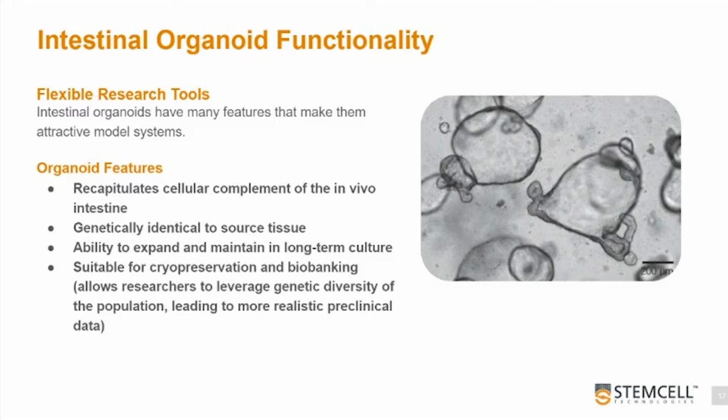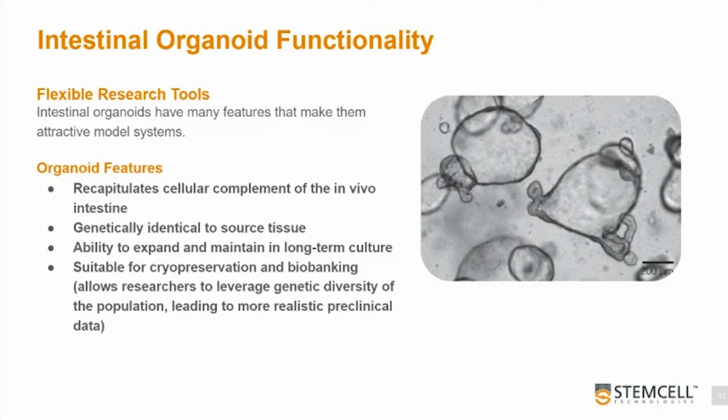You have Paneth cells, you have active enterocytes that can absorb things into the lumen, and there are a lot of inter and intracellular signaling pathways in these organoids. You are able to look at the function of the intestinal epithelium in a tissue that is outside of an in vivo context and entirely in an in vitro culture system.